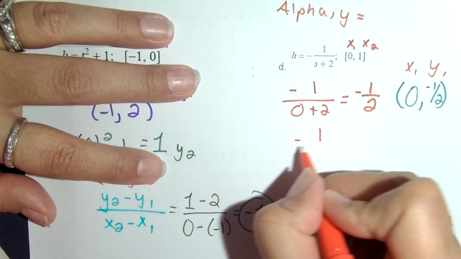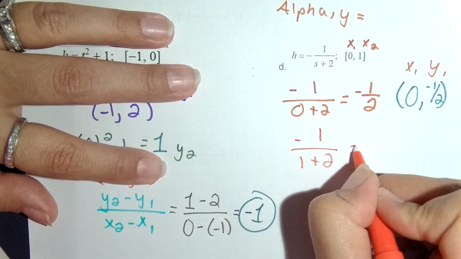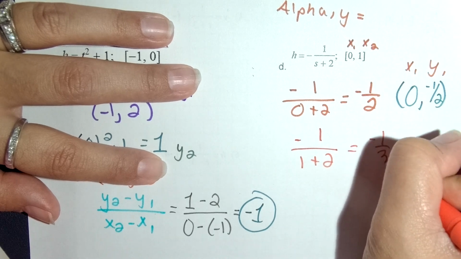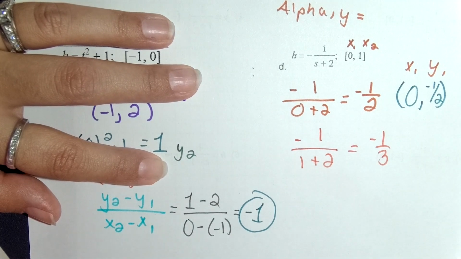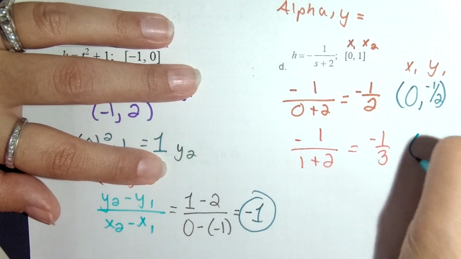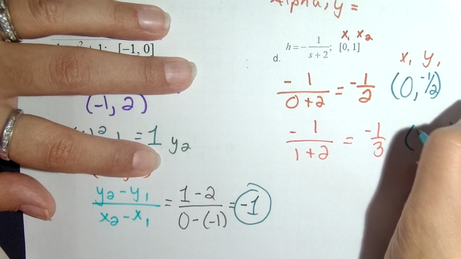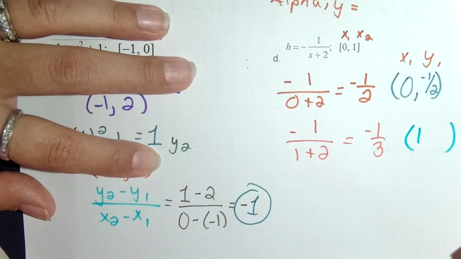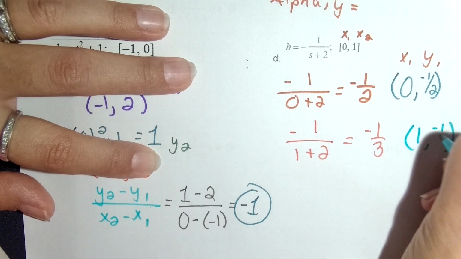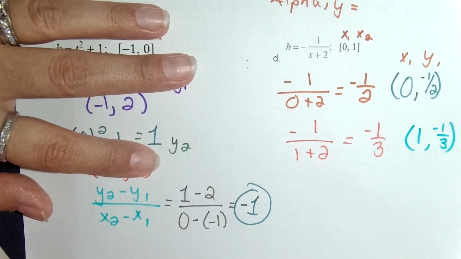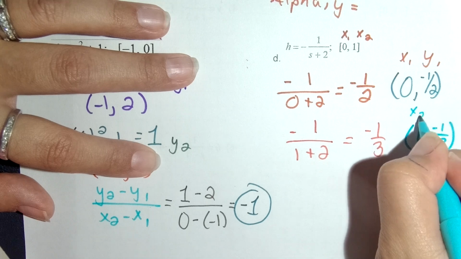So I have negative 1 over 1 plus 2, and that gives me negative 1/3 if you put it in the calculator. Which means that my coordinate is what? 1, negative 1/3. Very good. That is my coordinate. So that is x2, y2.